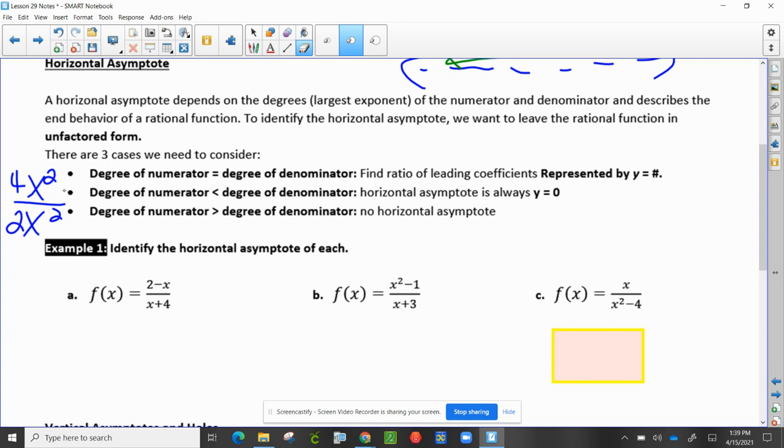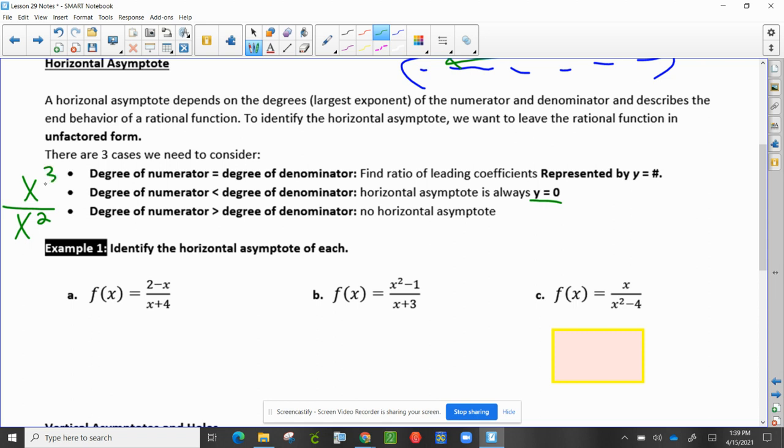The second scenario is if the numerator is smaller than your denominator. For example, if your numerator was x and your denominator was x squared. When that happens, your horizontal asymptote is always at 0. And our last scenario is if our numerator has a bigger degree than our denominator.